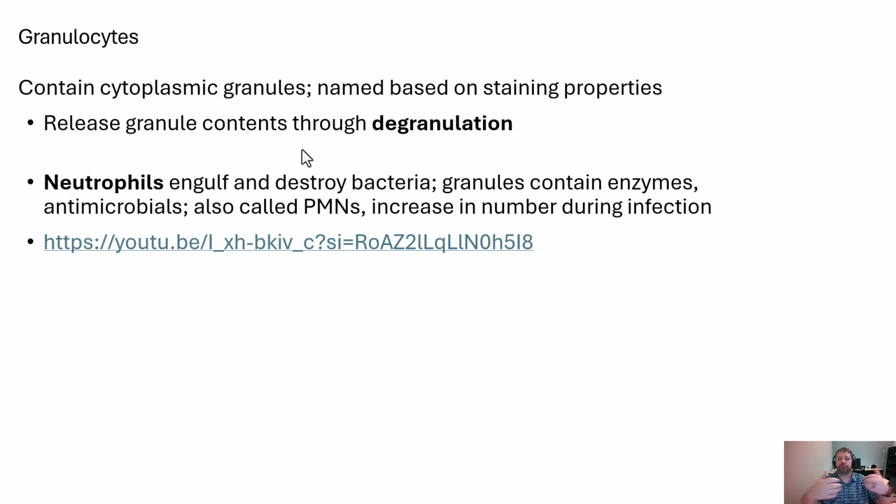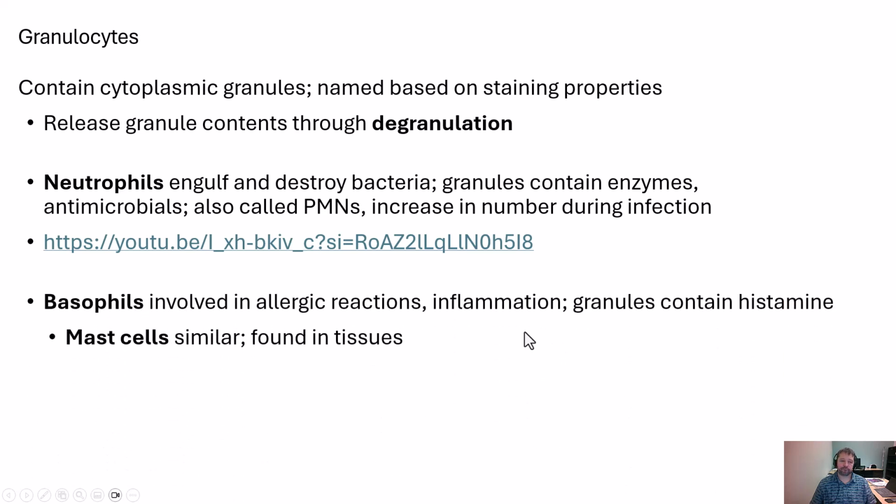They don't actually engulf the parasitic worm, but they'll surround it and basically spit digestive enzymes and degranulate all over it. Neutrophils are known to attack bacteria, degrade them, break them down, and then present that bacterial material, typically proteins, as an antigen to the adaptive immune system.